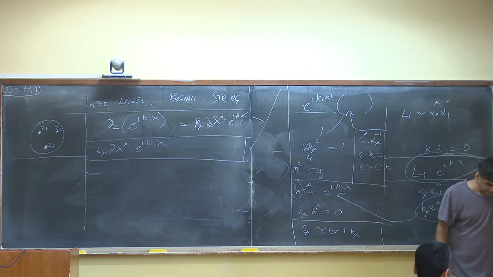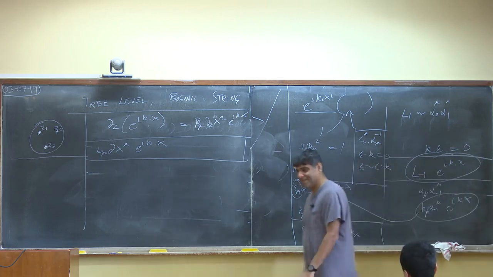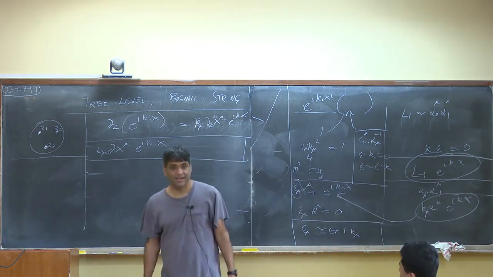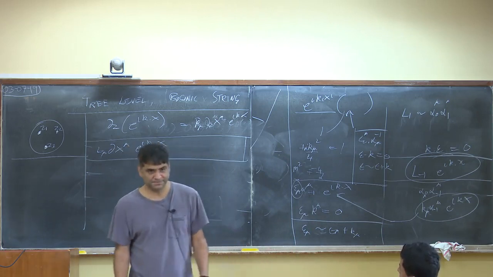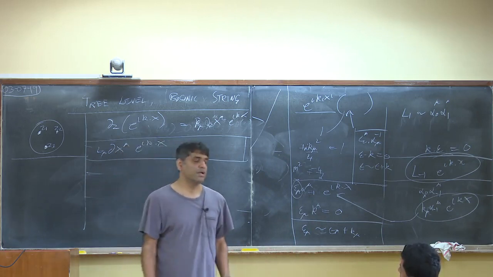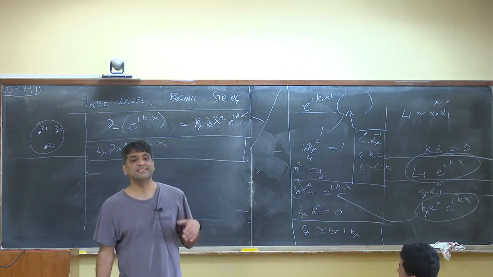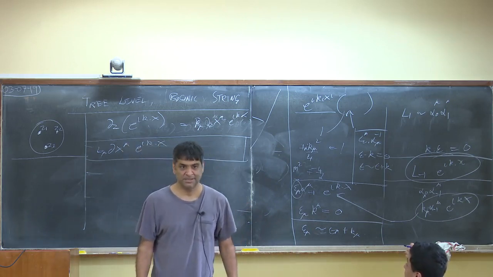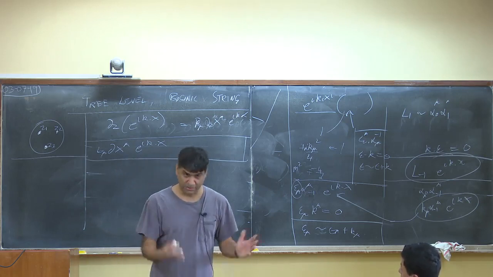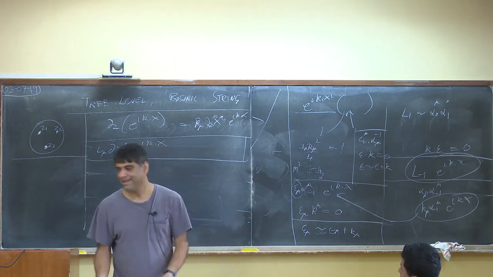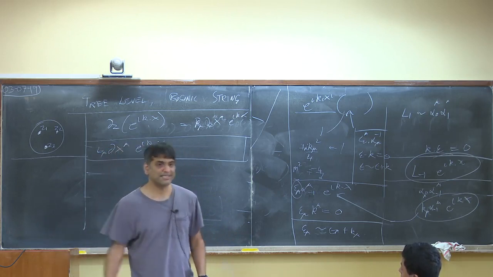Because of this matching, the level matching condition. Another way of saying it is that the operator has to be dimension 1, 1. So that condition fixes k squared. But it fixes k squared independently on the holomorphic side and on the anti-holomorphic side.